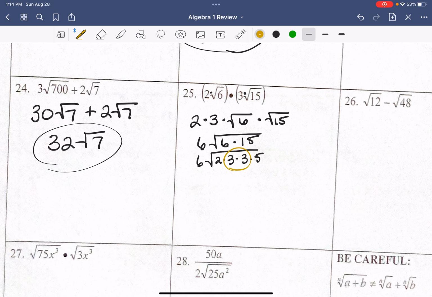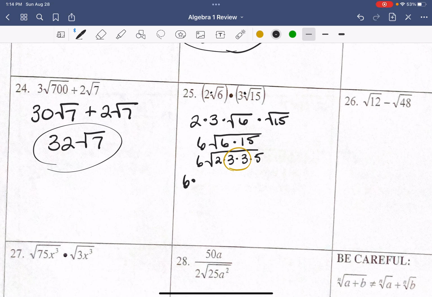And if I was to condense that a little more, 3 times 3 is 9. So what's the square root of 9? It's 3.